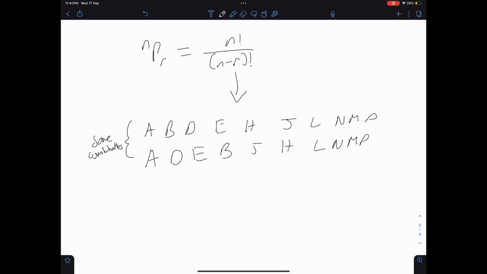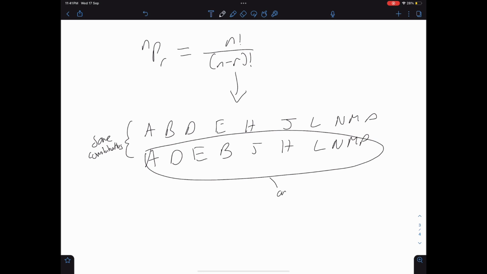So basically, we just need to divide by the number of arrangements each individual combination will have. Because there are R things, the arrangements are R factorial. So we would just add another division by R factorial, and that's the combinations formula.